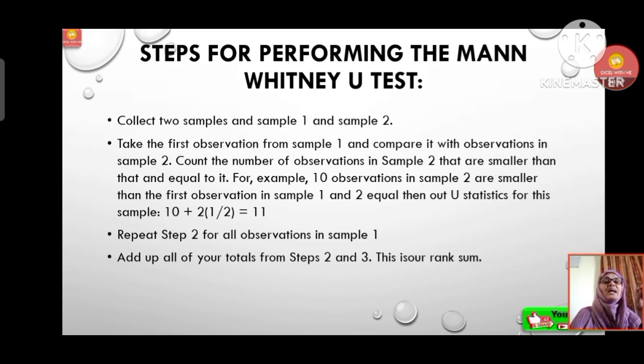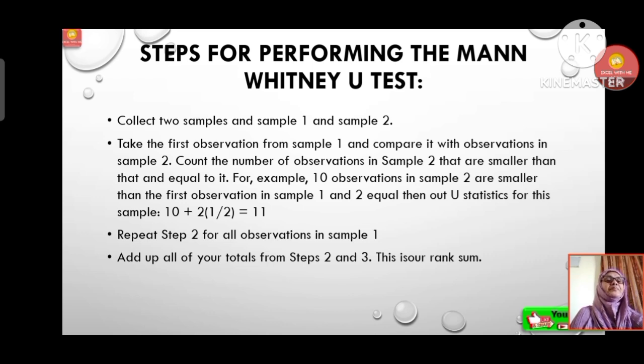For example, if 10 observations in sample 2 are smaller than the first observation in sample 1, and 2 are equal, then our U statistic for this observation is 10 plus 2 times 1 by 2, equal to 11. Then repeat step 2 for all observations in sample 1 and add up all your totals from step 2 and step 3, to get the rank sum.